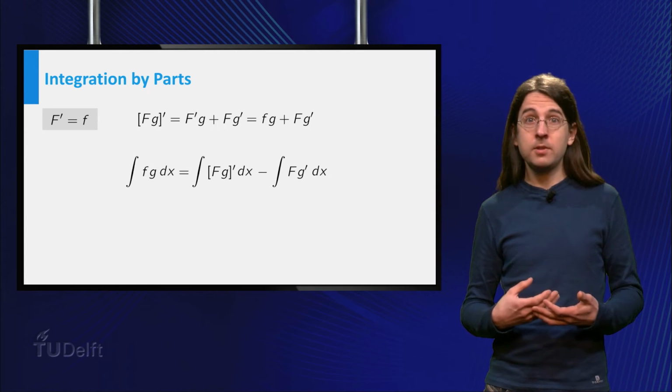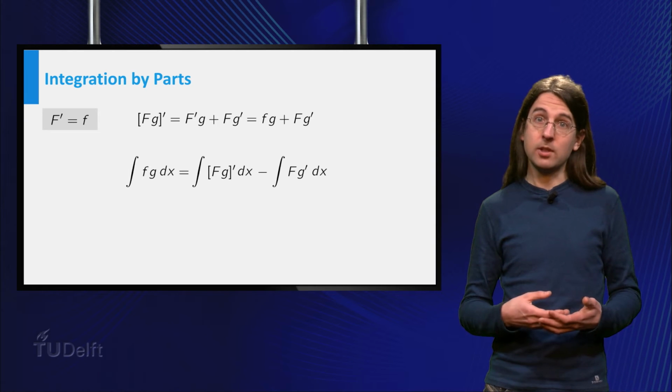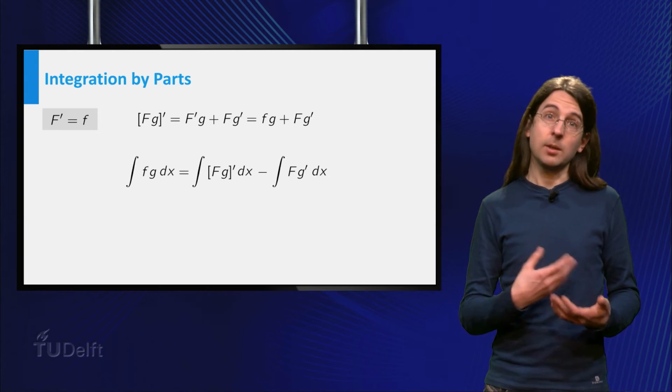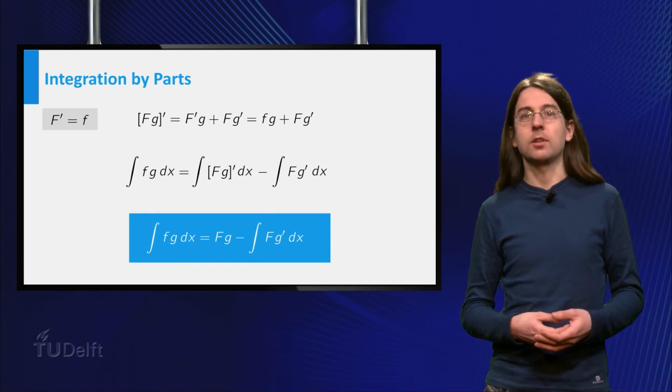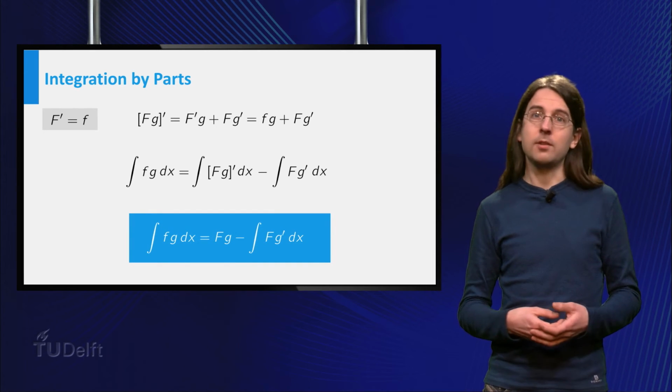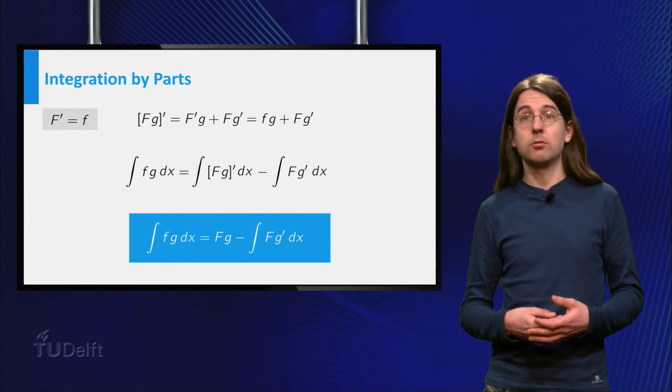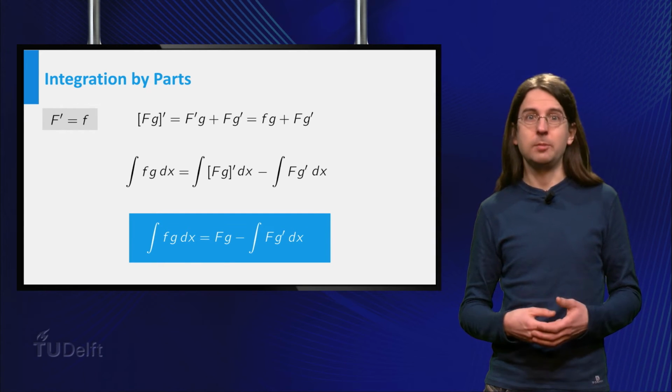An antiderivative of the derivative of capital F times g equals capital F times g, so we obtain that the integral of little f times g equals capital F times g minus the integral of capital F times g prime.